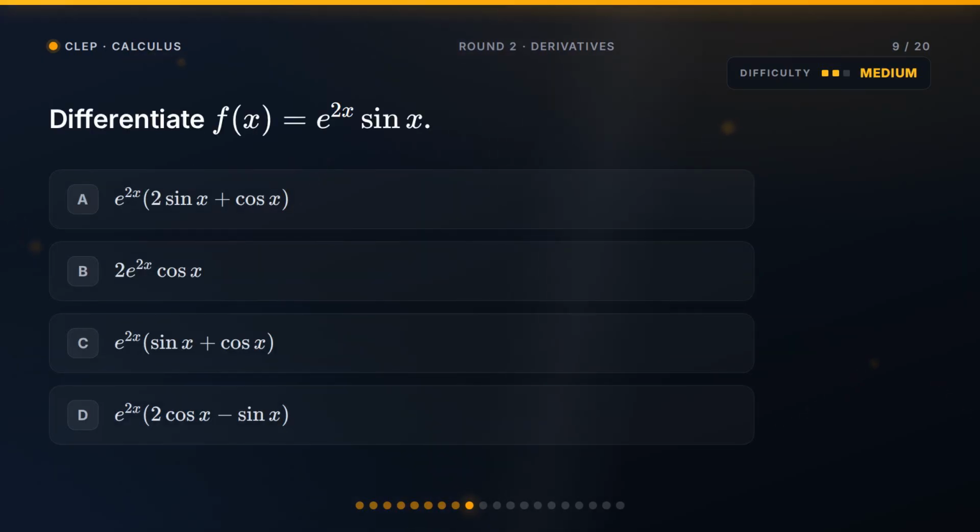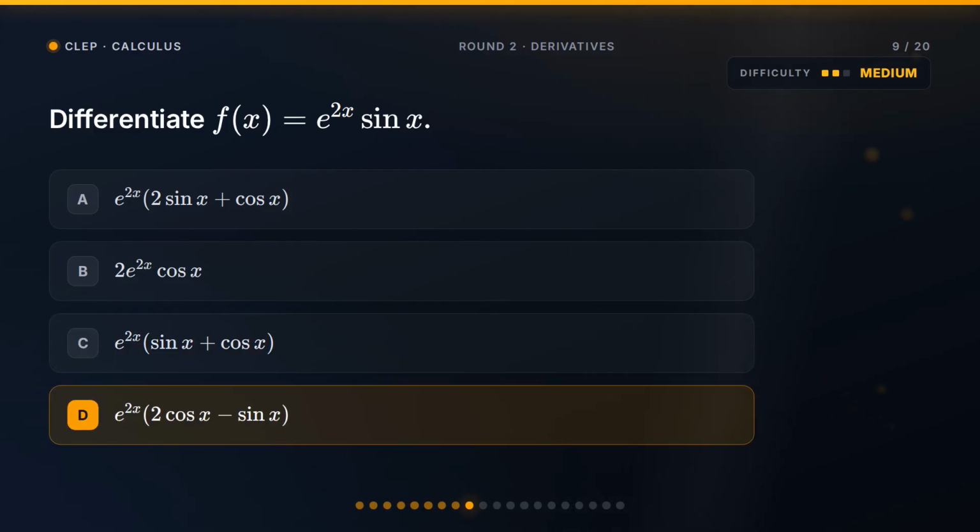Question 9. Find the derivative of f of x equals e to the 2x times sin x. A, e to the 2x times the quantity 2 sin x plus cosine x. B, 2e to the 2x times cosine x. C, e to the 2x times the quantity sin x plus cosine x.